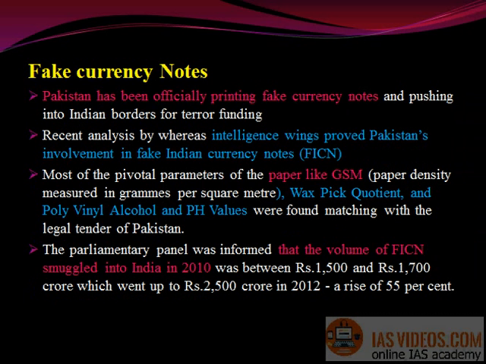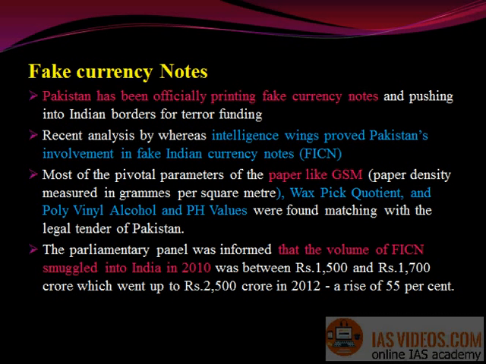Fake currency notes. Pakistan has been officially printing fake currency notes and pushing them across Indian borders for terror funding. Recent analysis by intelligence wings proved Pakistan's involvement in fake Indian currency notes, FICN. Most of the pivotal parameters of the paper, like GSM, paper density measured in grams per square meter, wax pick quotient, polyvinyl alcohol and pH values, were found matching the legal tender of Pakistan.